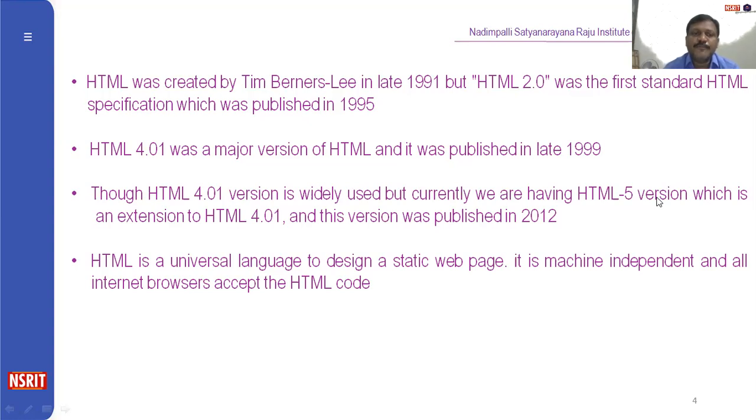Though the HTML 4.01 version is widely used, currently we have the HTML5 version, which is an extension of HTML 4.01, and this version was published in 2012. HTML is a universal language to design static web pages. It is machine independent and all internet browsers accept the HTML code.